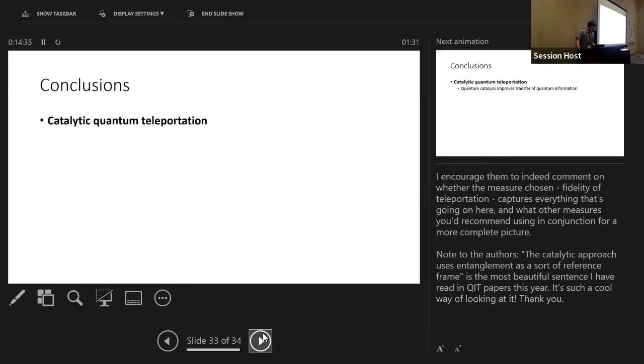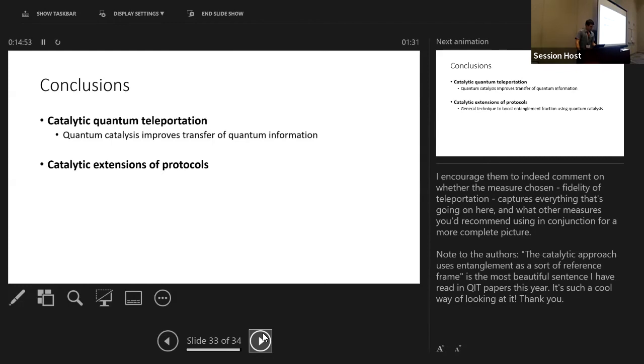What I described to you right now was a catalytic extension of a teleportation protocol, and hopefully I convinced you that the protocol essentially shows that quantum catalysis is a useful tool to improve transfer of quantum communication. What I also told you about was a little advert to look at extensions of quantum protocols from a catalytic perspective.